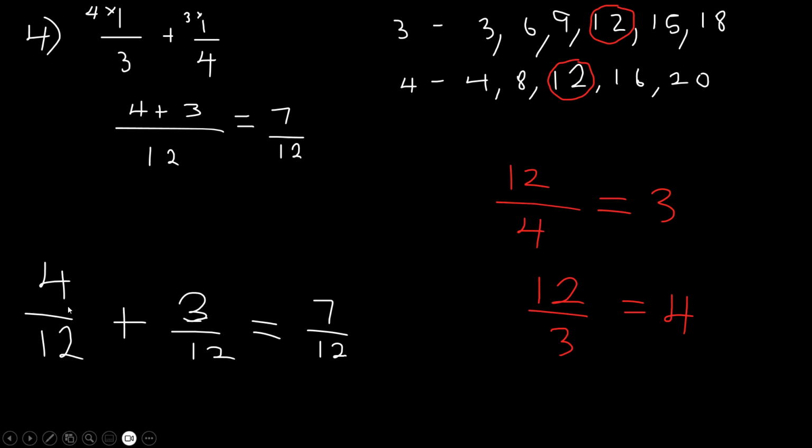If we are being asked to add 4 over 12 and 3 over 12, the denominators are the same. So our answer must include the same denominator. And we simply add the 4 and the 3, we get 7. The main purpose of using this method is to write these fractions in some form that they both have the same denominator. And our answer, again, 7 over 12.